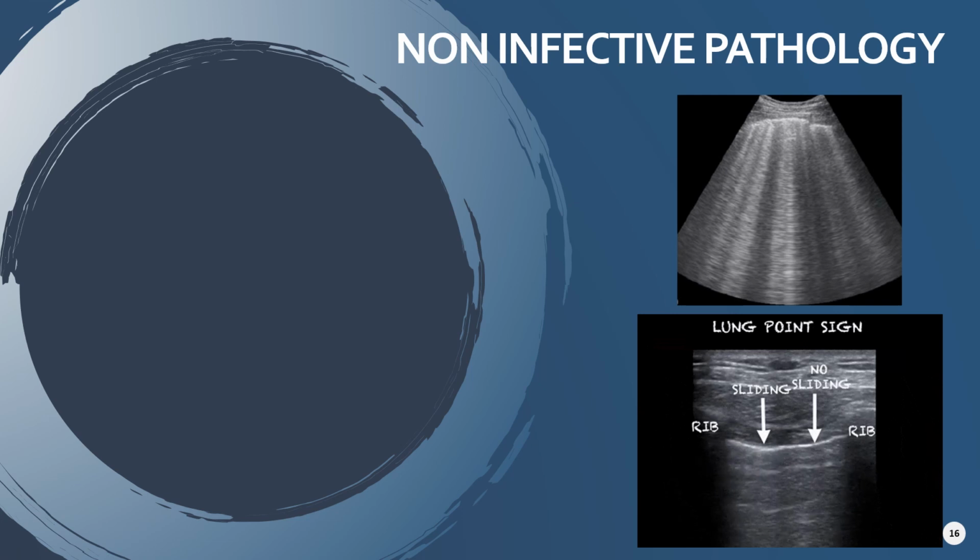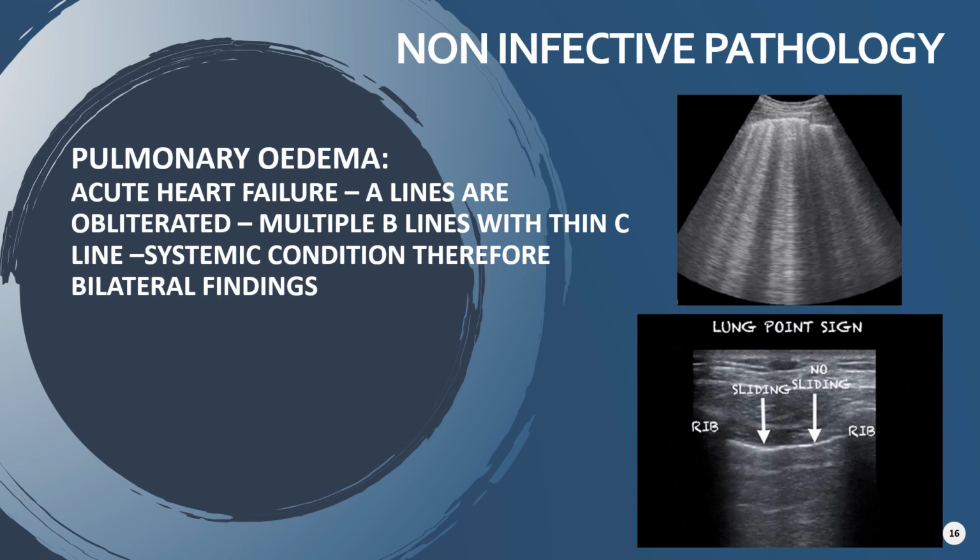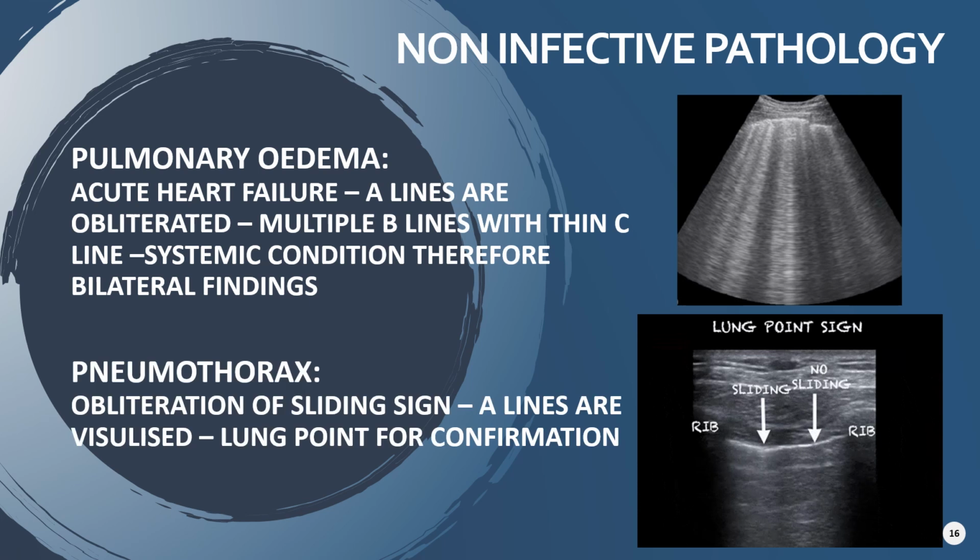So just to look at some non-infective pathology, which I'm only going to mention briefly, you can get pulmonary edema, which tends to be bilateral because it's a systemic condition. You have the loss of the A lines and lots of B lines. And the pleura is normally thin. Pneumothorax, you get obliteration of the sliding sign.